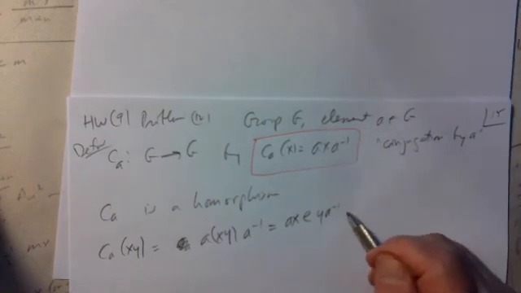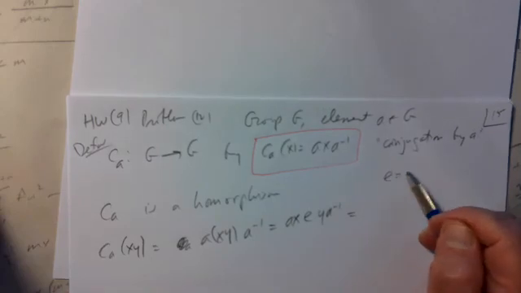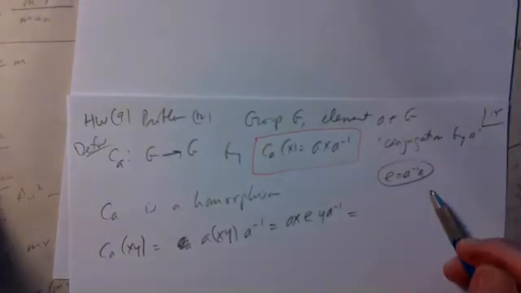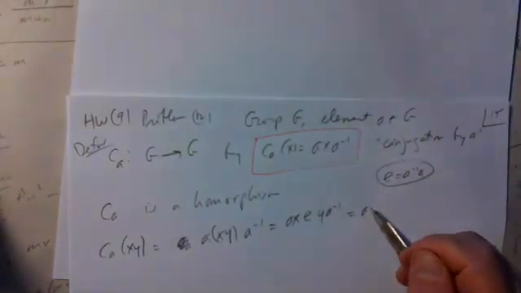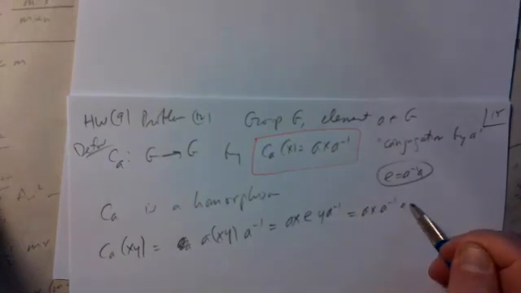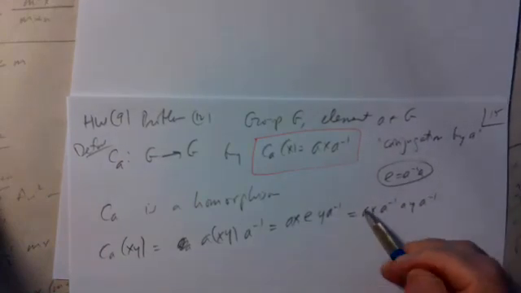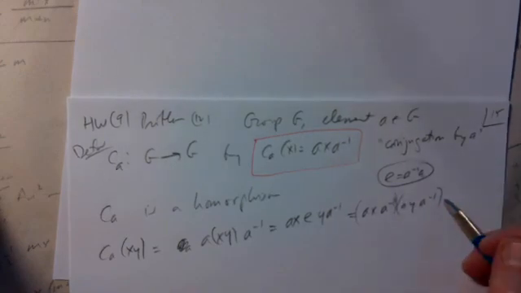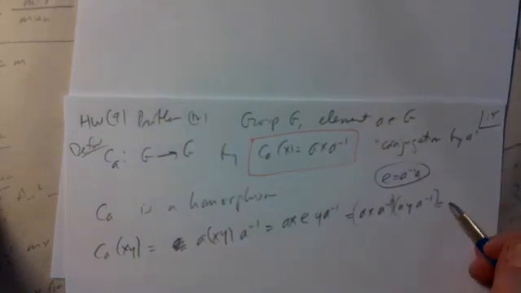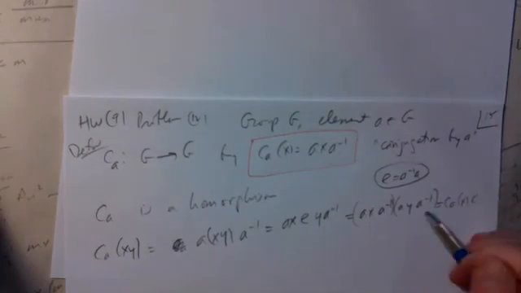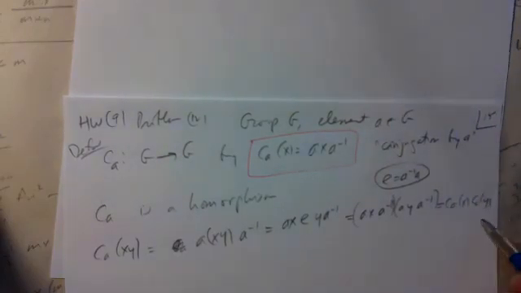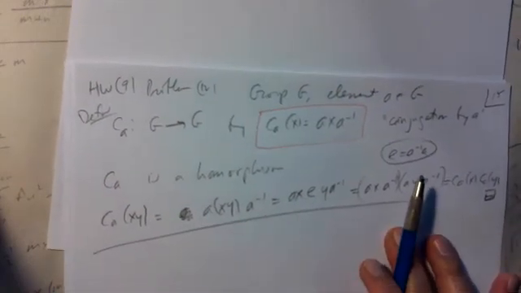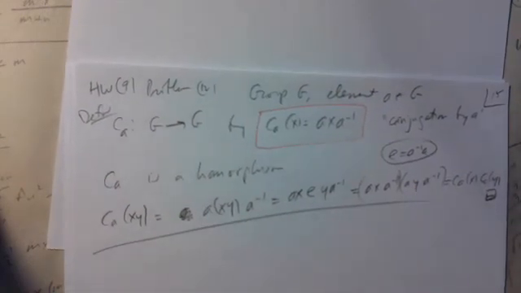But of course, the identity is A inverse times A for any A. This is AXA inverse AYA inverse. And if I think of it like this, this is C sub A of X, and this is C sub A of Y. So that proves that this function is a homomorphism.